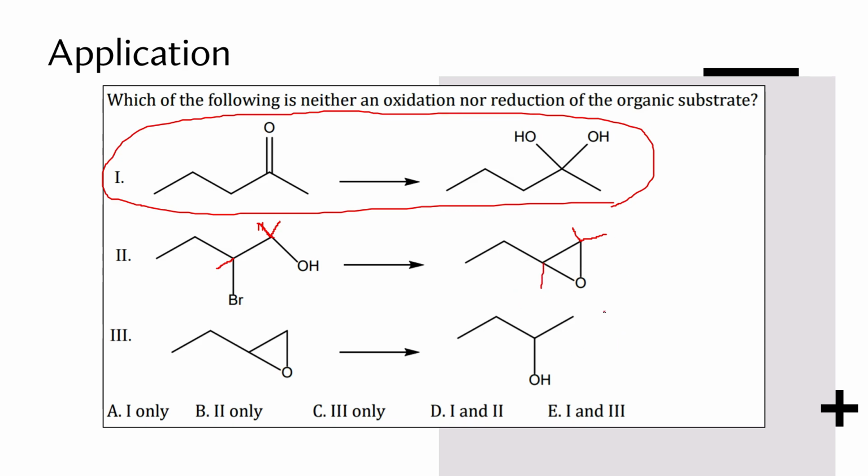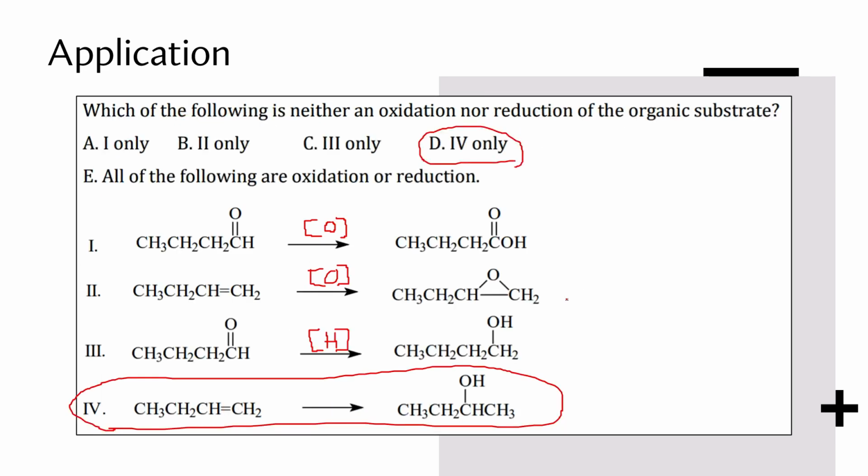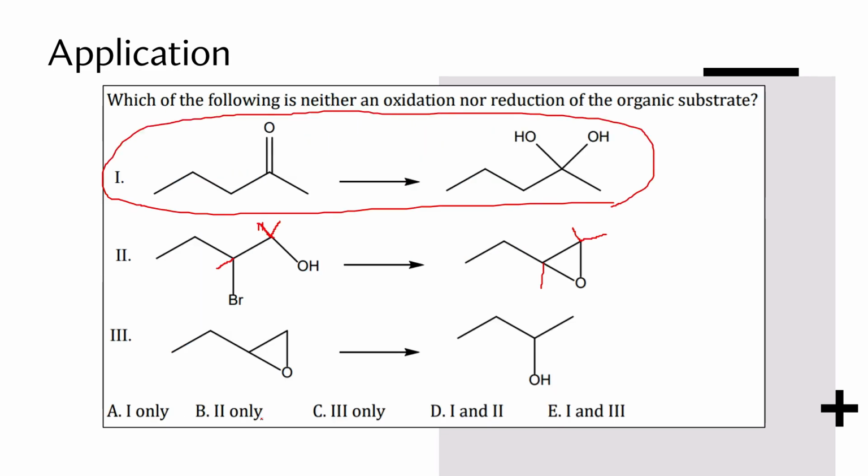This right here, okay, is neither an oxidation nor a reduction. You can play the same game, but it's all about the bonds that you're making, okay? Hydration, though, like we saw in this last example, when you hydrate the molecule, that is add OH and H across the double bond, that is neither an oxidation nor reduction.